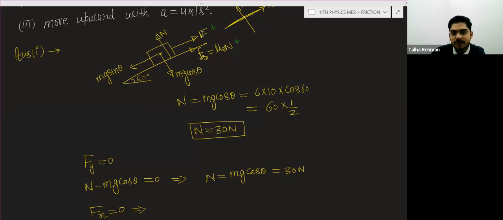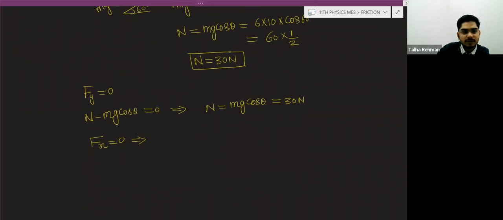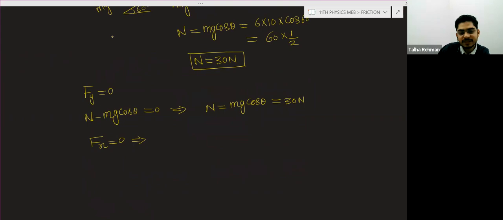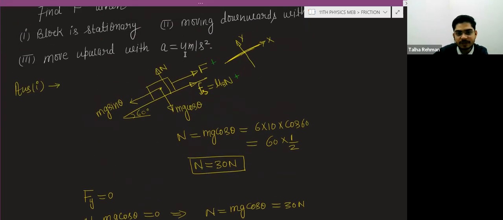So the net force in the x direction is F plus mu s into N. You have taken this direction as positive, so you have to take this direction as negative.